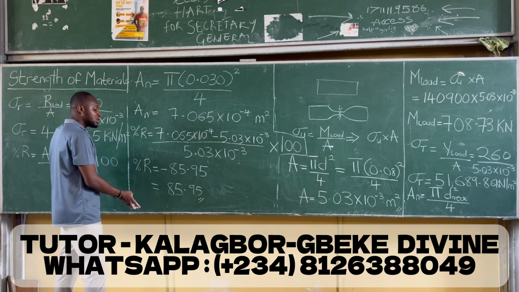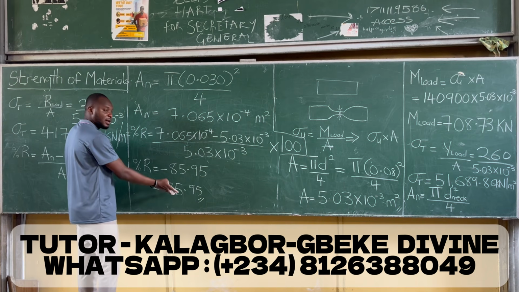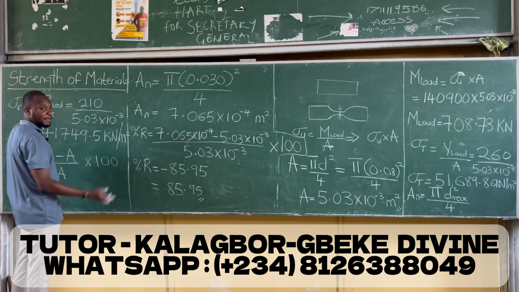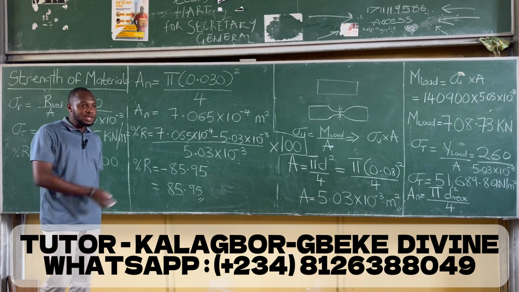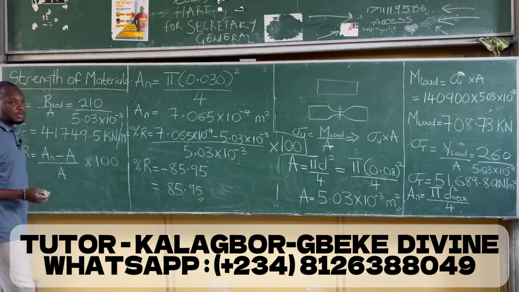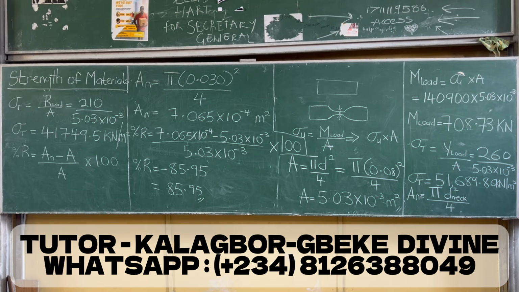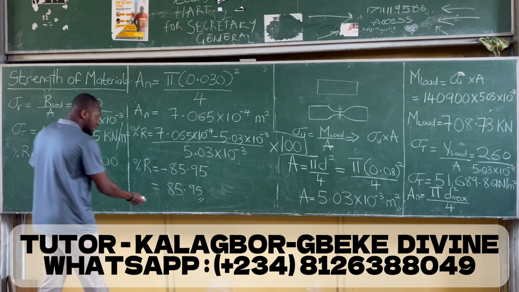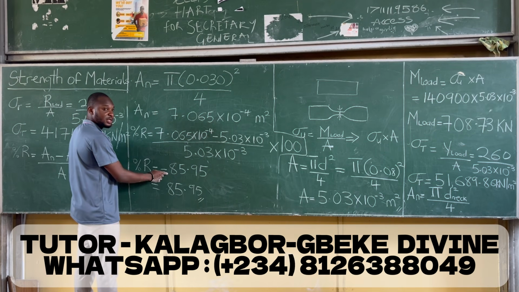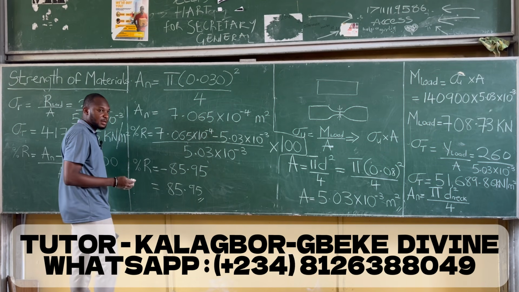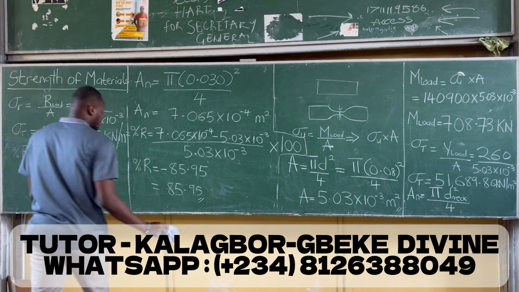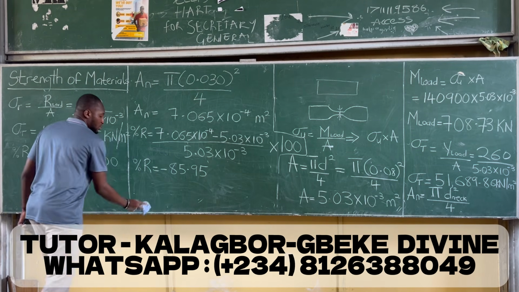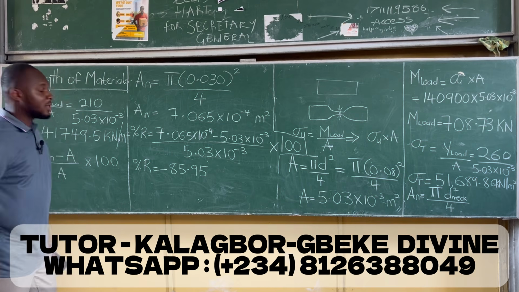So it reduced and became 85%. So if you minus 100% by this 85%, you know the amount that is there. 14 point something left, right? So that's the percentage of reduction. So you do 100 minus this to get, punch it please, 14 point what? 14.05.